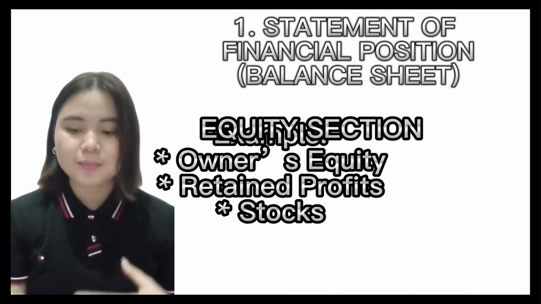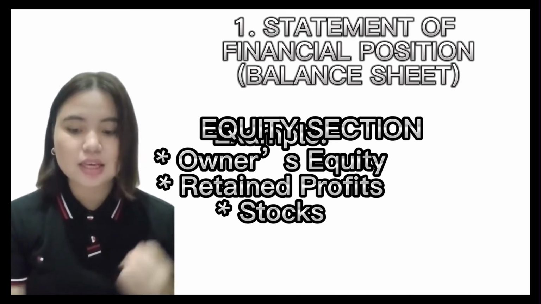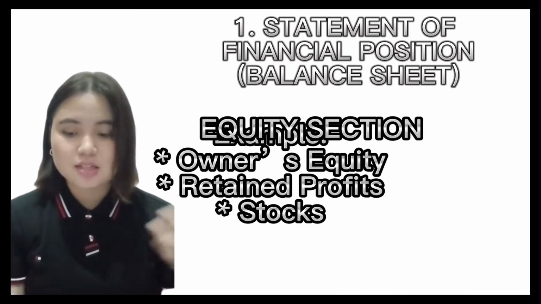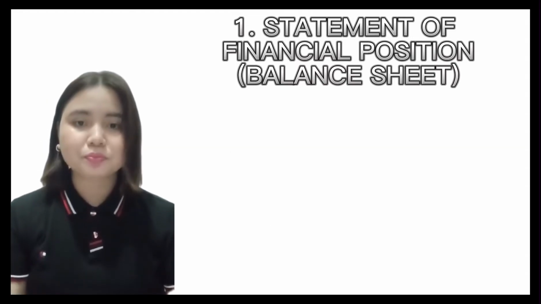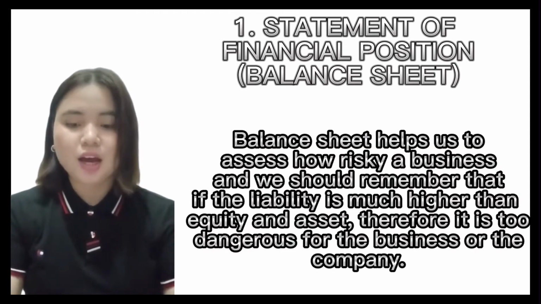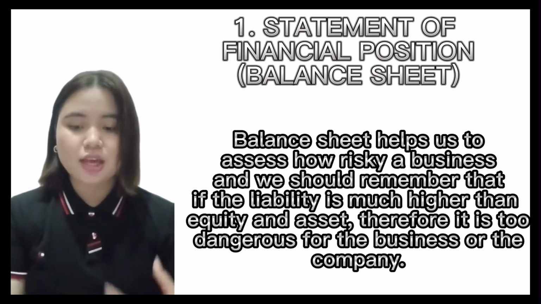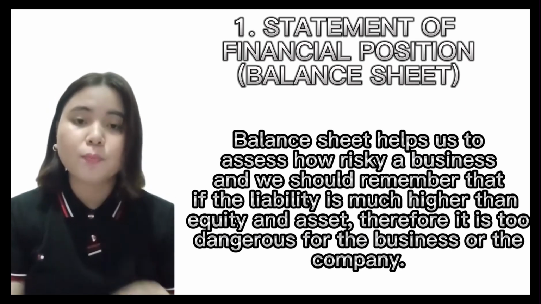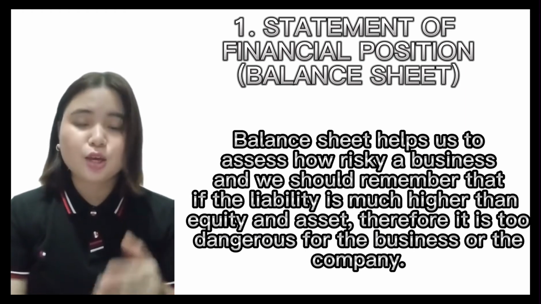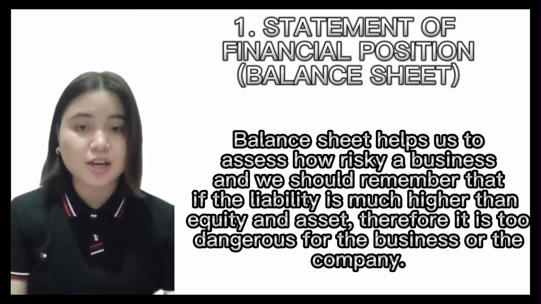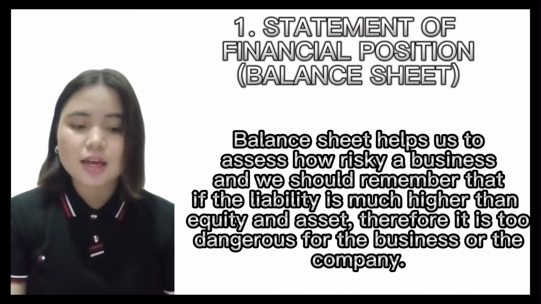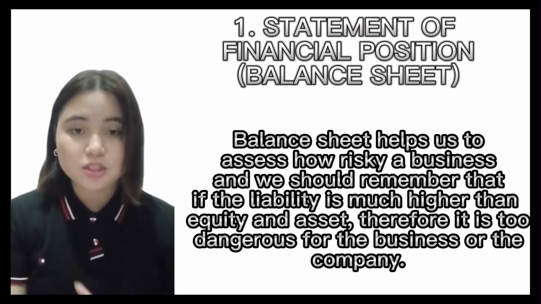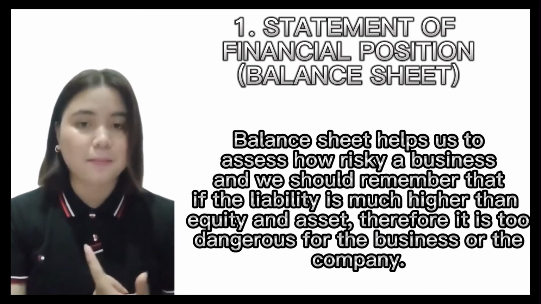Example nito ay owner's equity, retained profits, and stocks. So, in conclusion, the balance sheet helps us to assess how risky a business is. Also, we should remember that if the liability is much higher than equity and assets, then it is too dangerous for the business or the company.